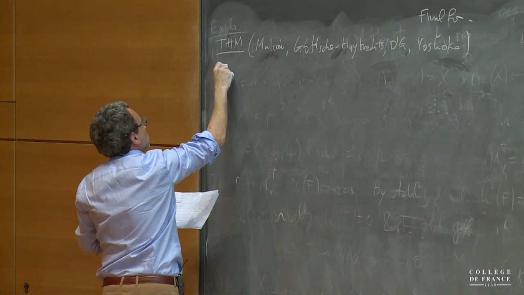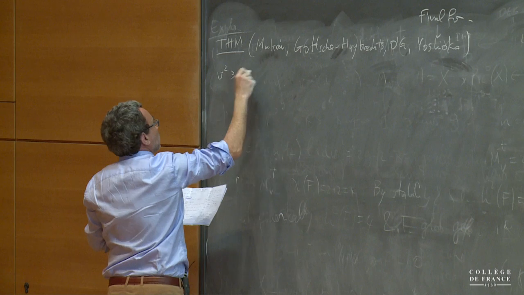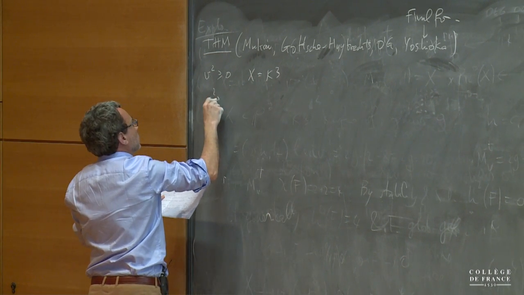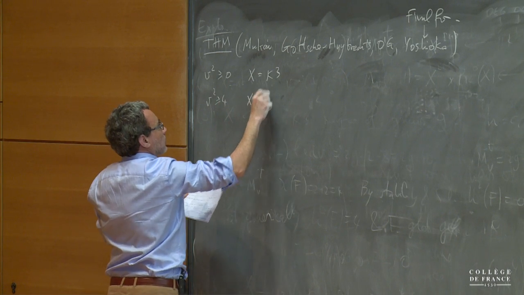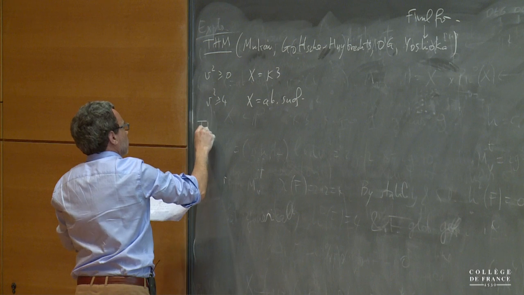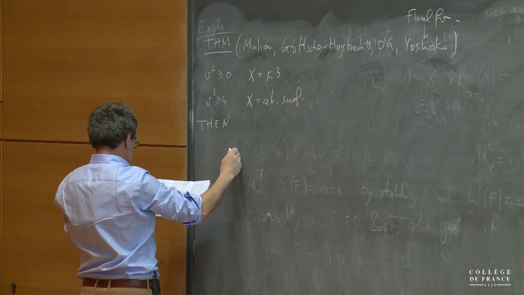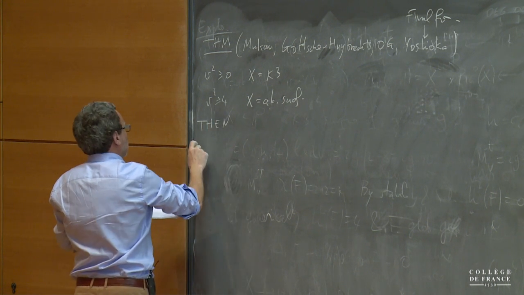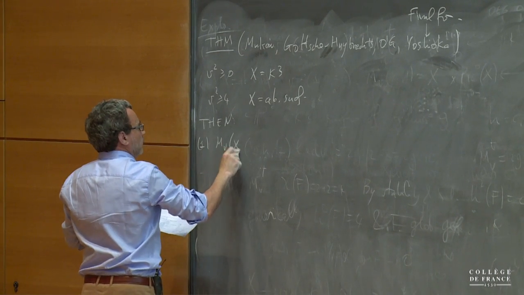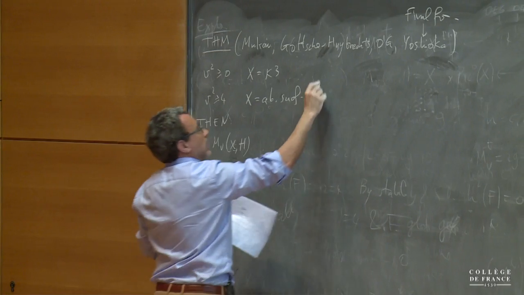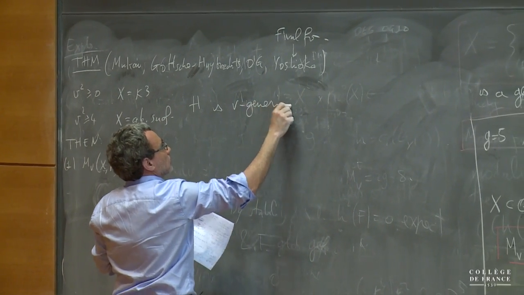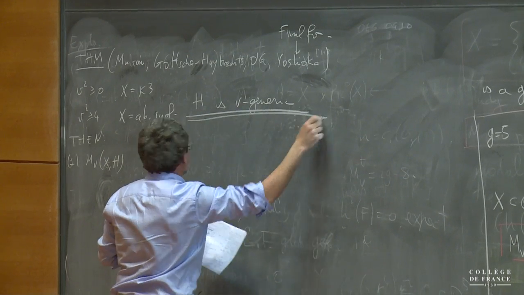Now we choose V squared at least 0 for X a K3, and then 1, this moduli space, H is V generic. This is important, that's why I introduce it.